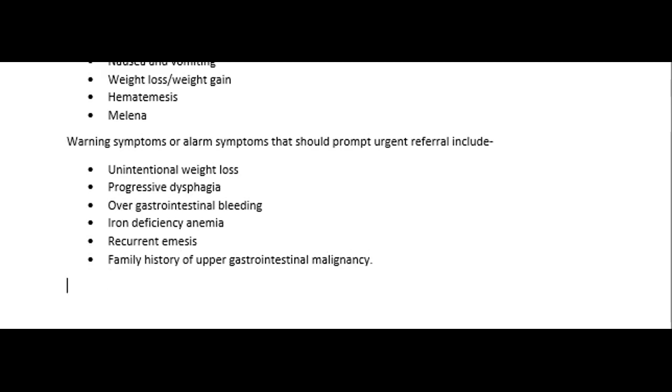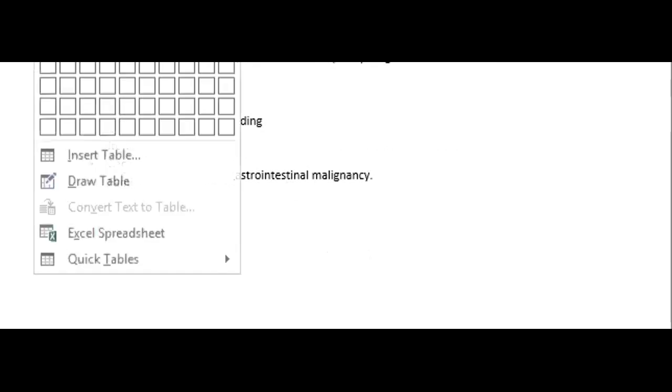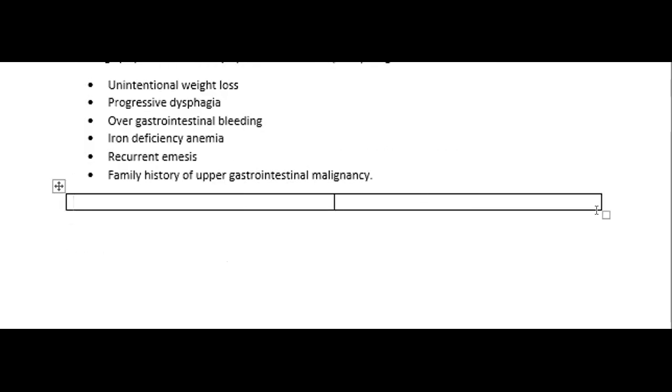In this, let us discuss one by one and let us explain that. The first one is the epigastric pain. What is this epigastric pain? The pain in the epigastric region.